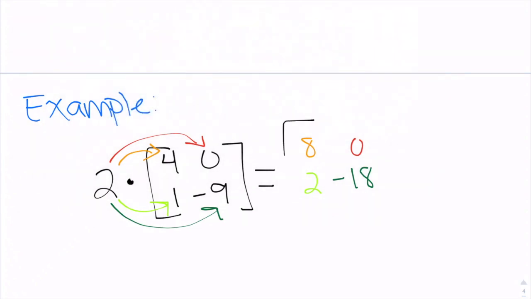And so right here is our final matrix answer.